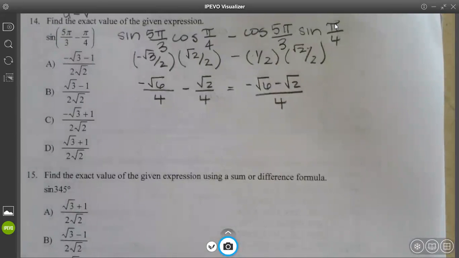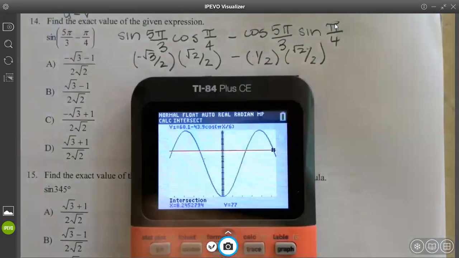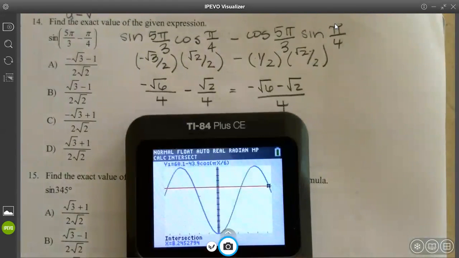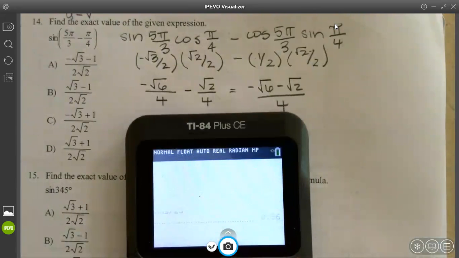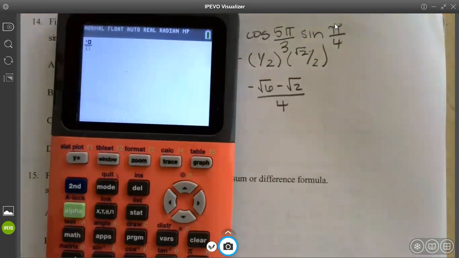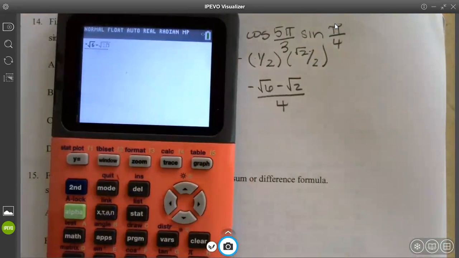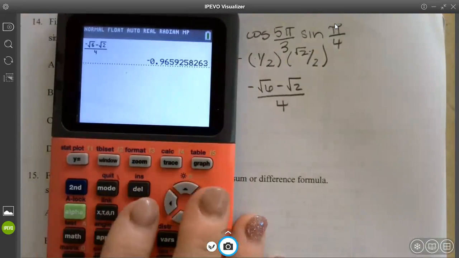No, I don't. I can use my calculator. So I would even probably do it from here so that you don't screw it up to this point. Not being ugly, just, you know, the more steps you do, the more chances you have of messing up. So negative square root of 6 minus the square root of 2 over 4 gives me this decimal.